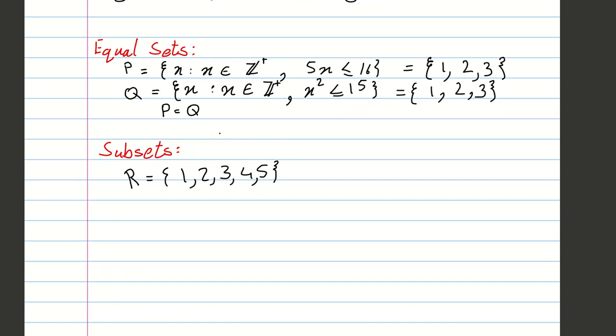All the elements in P are in R. Hence P is a subset of R. And because we know P does not have 4 and 5, P is a proper subset of R. If we didn't know, then it wouldn't be a proper subset. It'd be a plain subset sign with a line underneath.